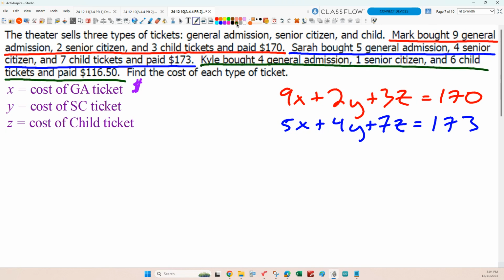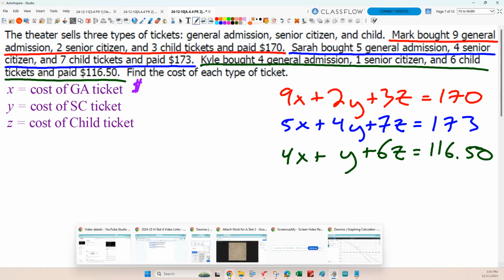So what's that one telling us? Okay. So what technology would we have to use to solve this one? Got to use a matrix, right? Because we got three variables, so we can't graph it. So we go Desmos matrix.